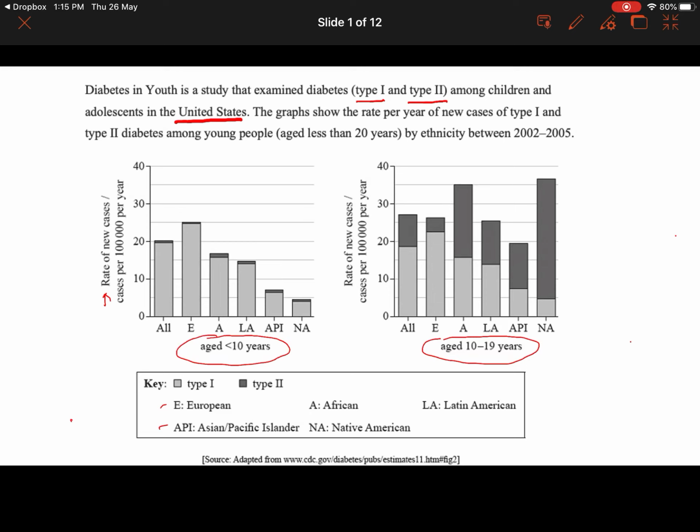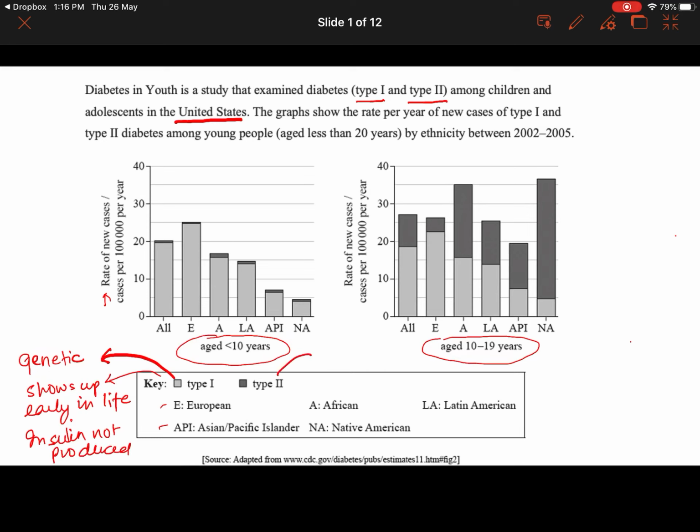This is the general information from the question. What we know from theory is that type 1 diabetes is actually genetic, and it shows up a bit early in life. In this case, insulin is not produced.